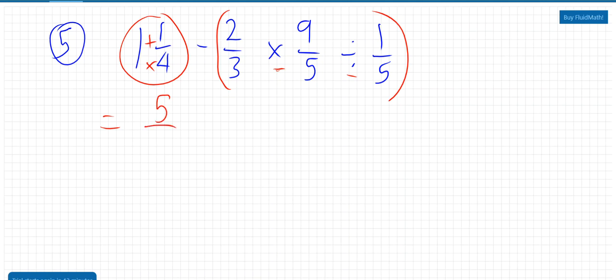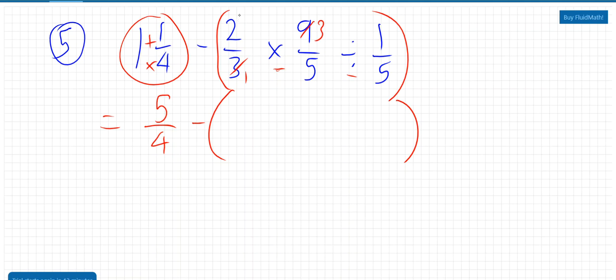So here I've got 5 over 4, take away, and I'll keep my brackets there just to emphasize I'm working in these brackets. Now, left to right: 2/3 times 9 over 5. Simplify before we multiply. So divide by 3 there. 9 divided by 3 is 3. There is nothing else I can do, so I'll stop there.